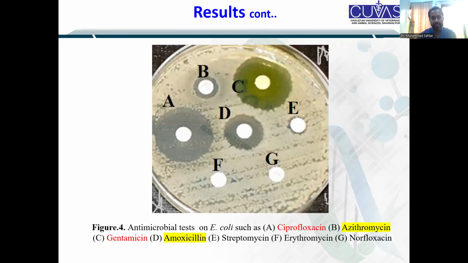And then we checked their sensitivity on agar plates with the help of the disk diffusion method. A and C were sensitive, while B and D were partially sensitive, while F, G, and H were 100% resistant to E. coli bacteria.